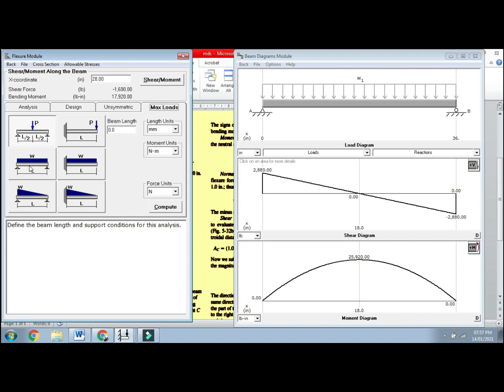If I look at it, this is this and this was 36, and this was length units inches and pound-inches, distributed loads pounds per inch. Okay, so everything is very similar. Now perform the computation.